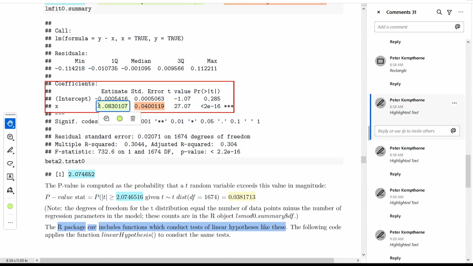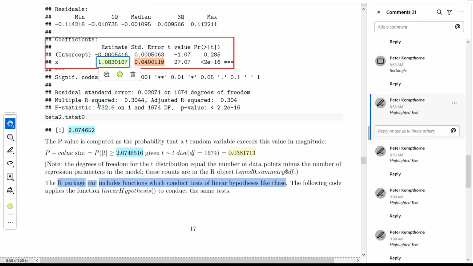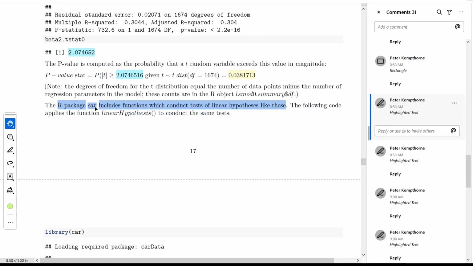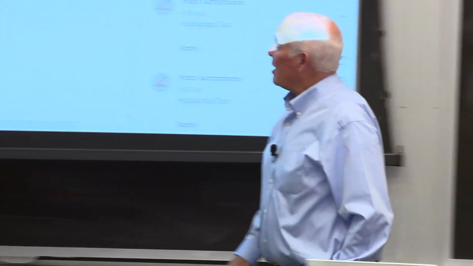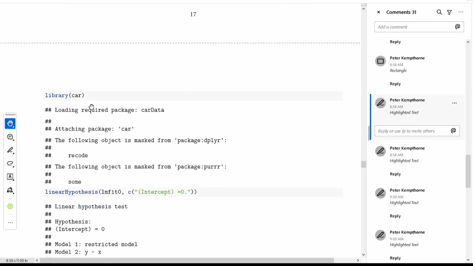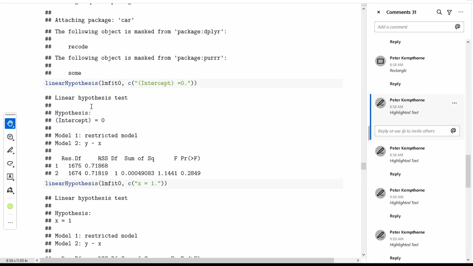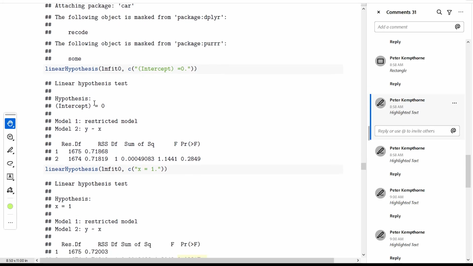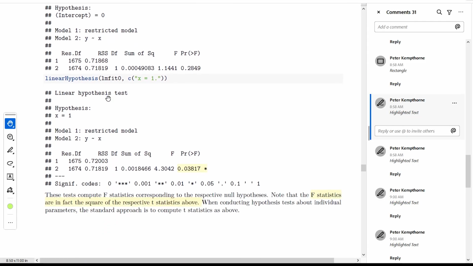given here. Now, there are many packages in R, but one of them is the CAR package, which allows one to conduct tests of linear hypotheses like these. And so it goes through and performs the same kinds of tests for whether the intercept is 0 or not.